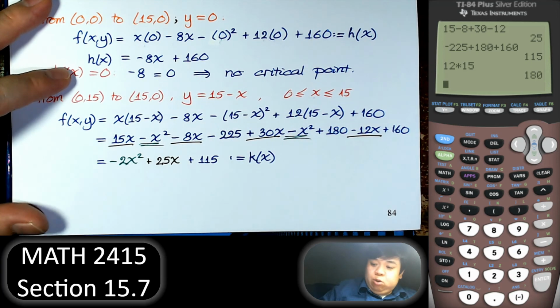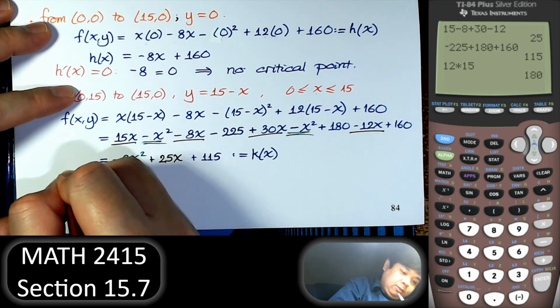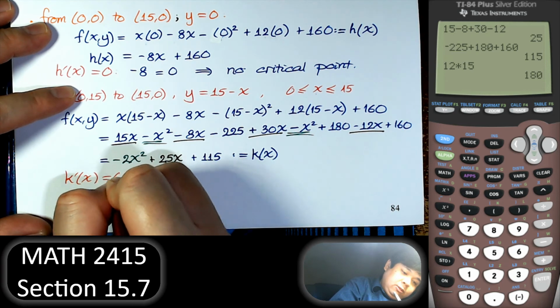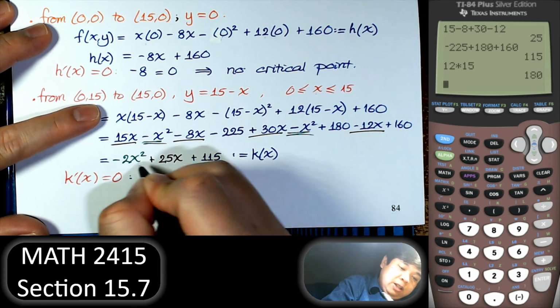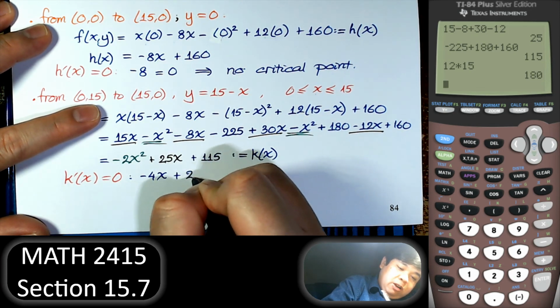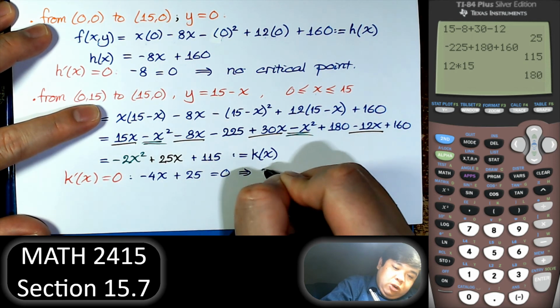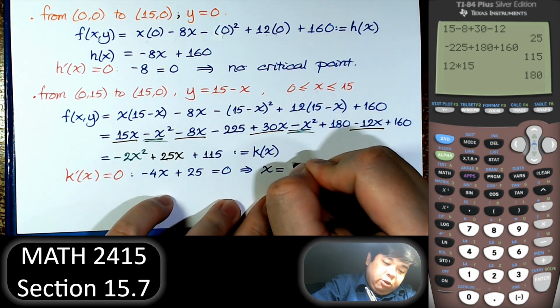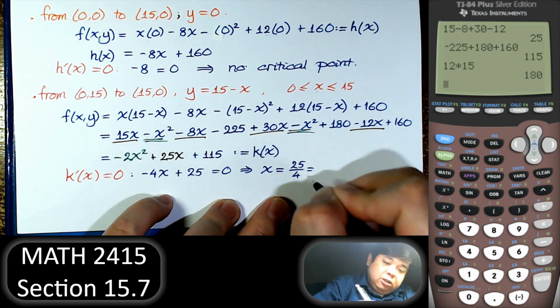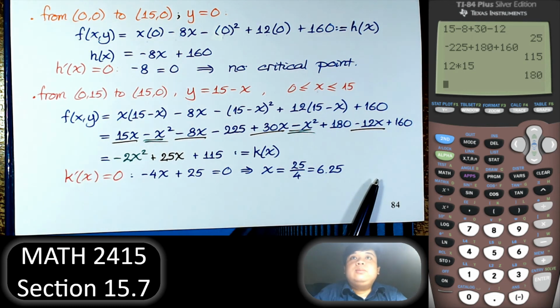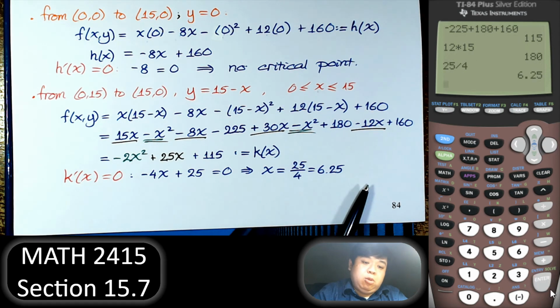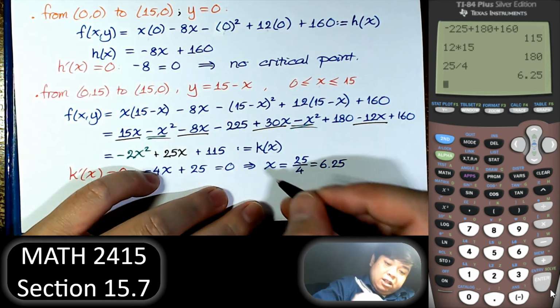And we take derivative equal to 0. So we have negative 4x plus 25 equal to 0. So x equal to 25 over 4, 6.125, right? 6.25, and then y is 15 minus x.